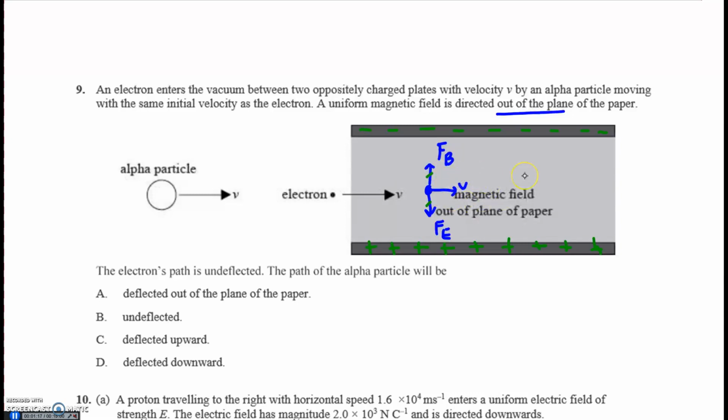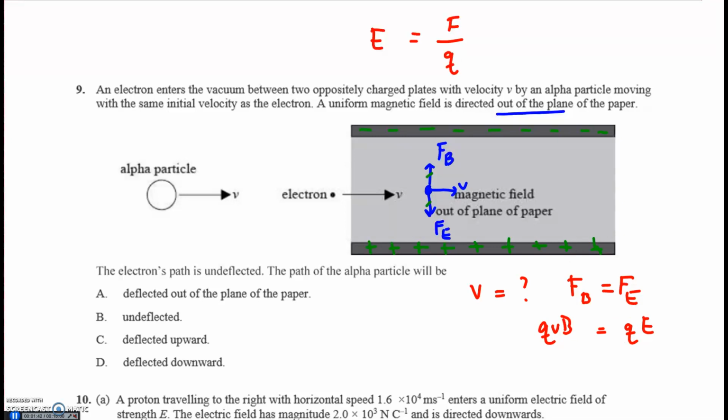So there's a special magic speed. What's the speed at which the two forces perfectly cancel out? Well, I could plug in QVB on the left, and I could plug in Q times E on the right, because electric field strength, we recall, is electric force per coulomb on a small positive test charge.